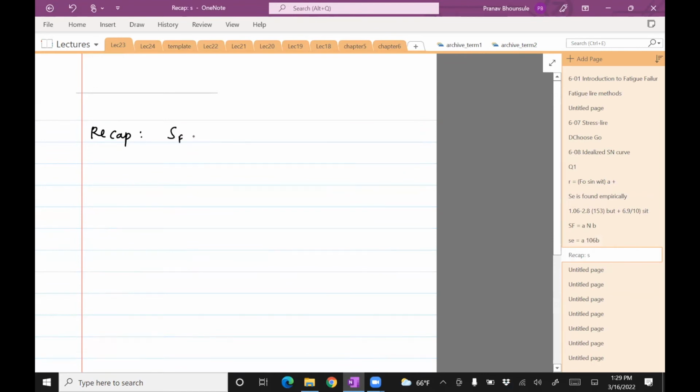We have SF equals A n raised to B, where A is given by F squared SUT squared divided by SE, and B equals a third log 10 of SE divided by F times SUT.